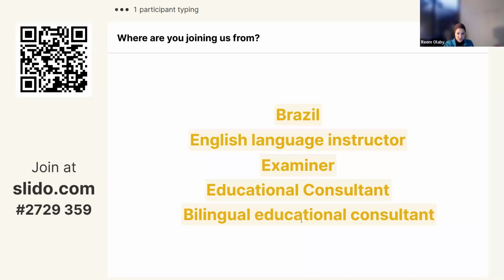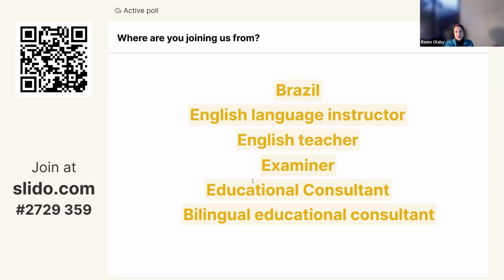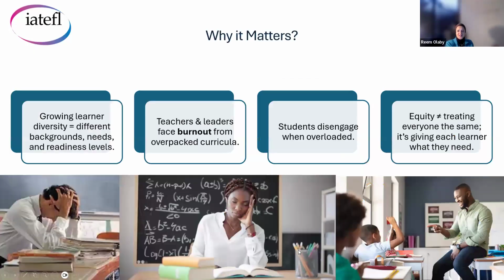Thank you so much. As we can see, okay, I'm a teacher. We have a teacher at a state school. Perfect. So we have all sorts of professionals in the language world, right? Okay, great. Thank you so much.